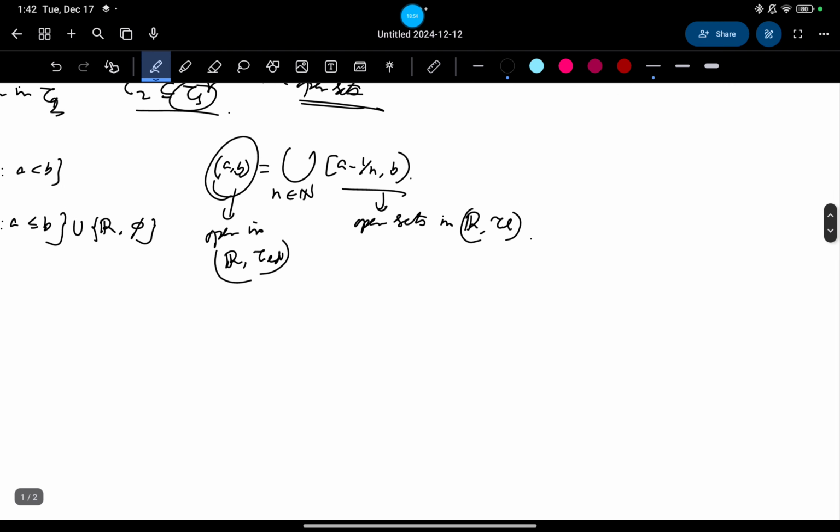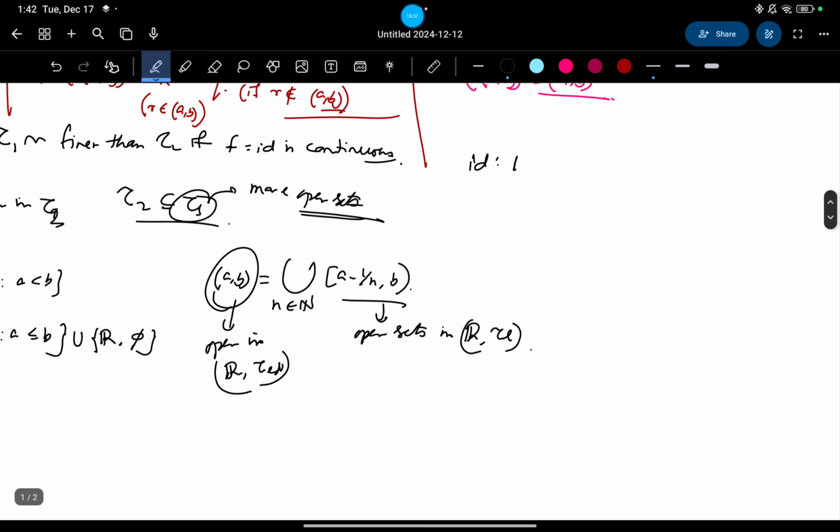So that means the identity function from (R, tau L) to (R, tau E) is continuous. All these properties we have seen in the last session. Now let us move ahead with some more advanced exercises.